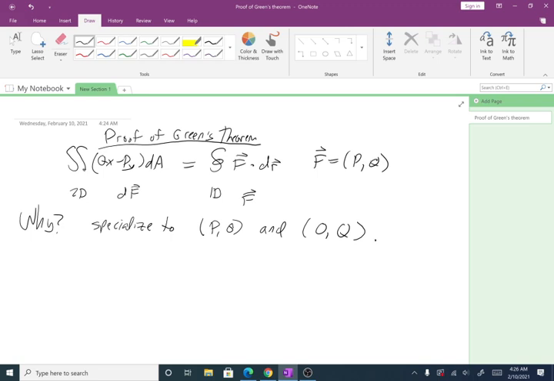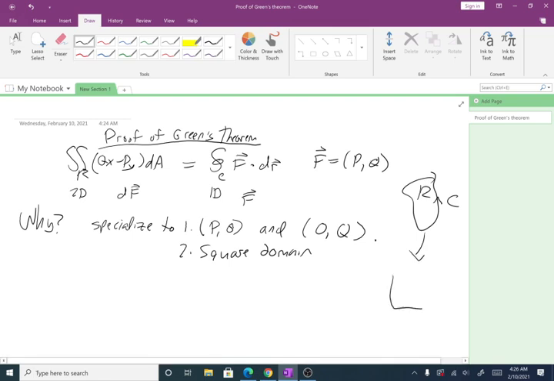And also, a square, just a square domain. So here is our curve C enclosing our region R. In general, it could be anything, but I'm saying let's specialize now to the very simple situation of the unit square. And I claim that's actually good enough.